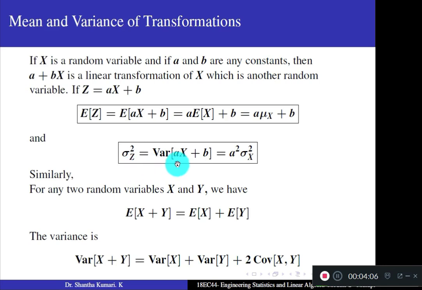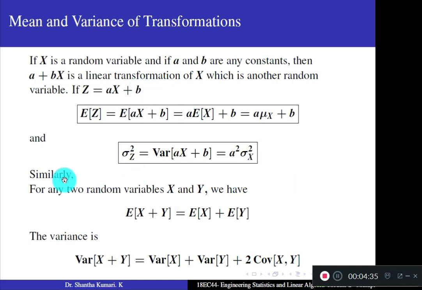Variance of z is given by a square into sigma square x. This is also a proved result in your module 1. Just go through it. So remember, if you have a transformation z equals a x plus b, then expectation of z is a into expectation of x plus b, and variance of z is nothing but a square into variance of x. There is no constant term b in this answer.